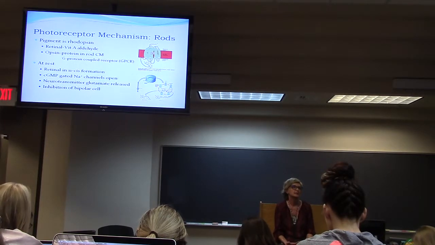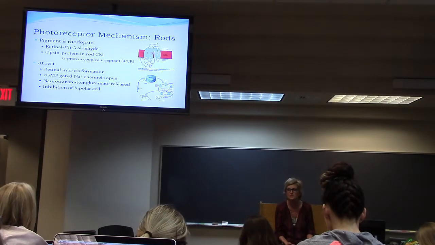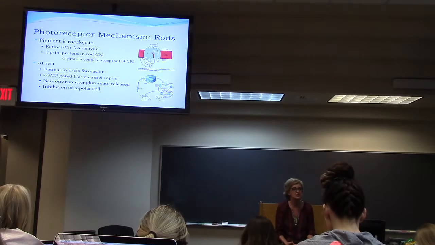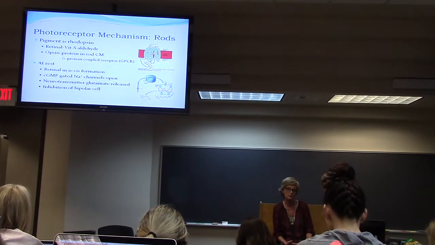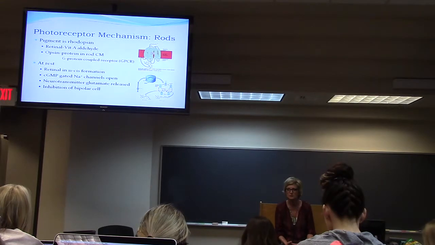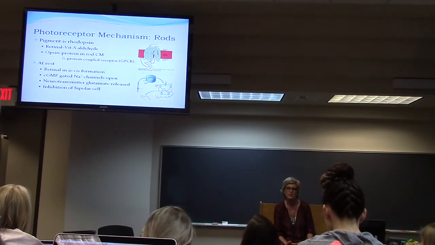The protein to which retinal is attached is called an opsin, and there are a few flavors of opsins. The opsin in the rod is called scotopsin. When you attach retinal to an opsin, it determines what wavelength of light will excite it.